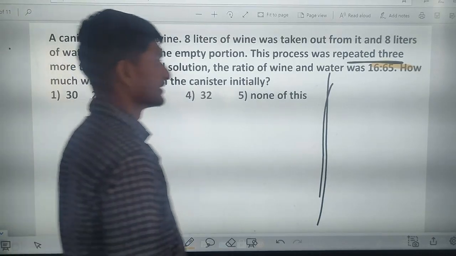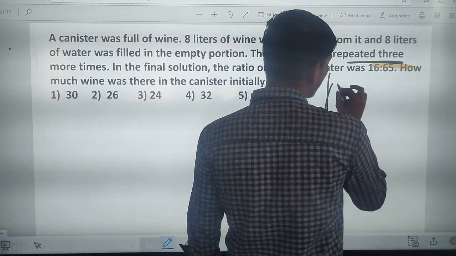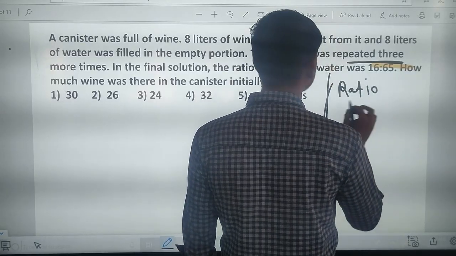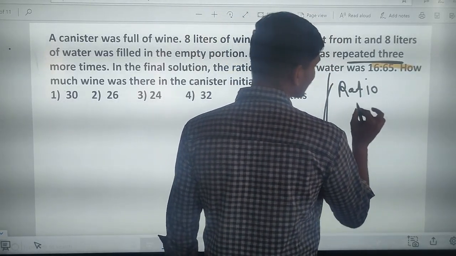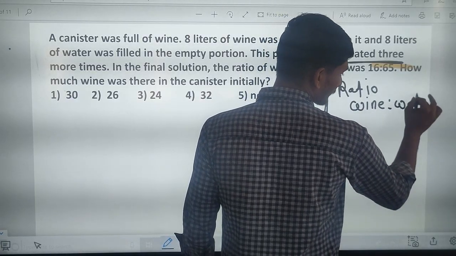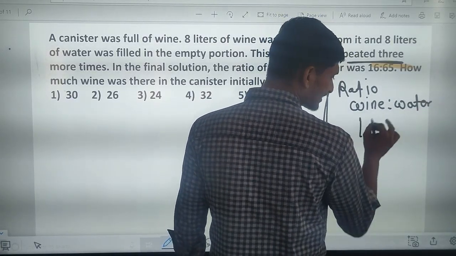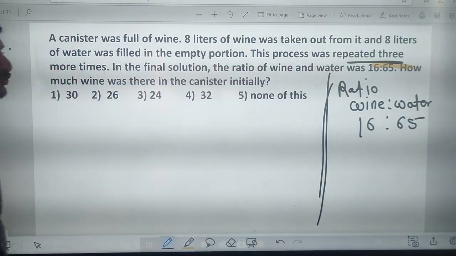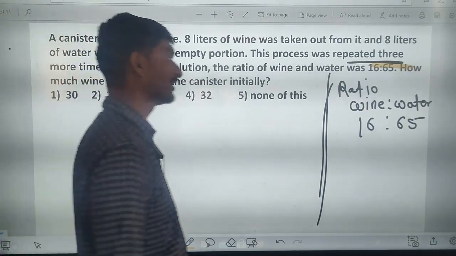Finally, the ratio of wine as to water is 16 as to 65.